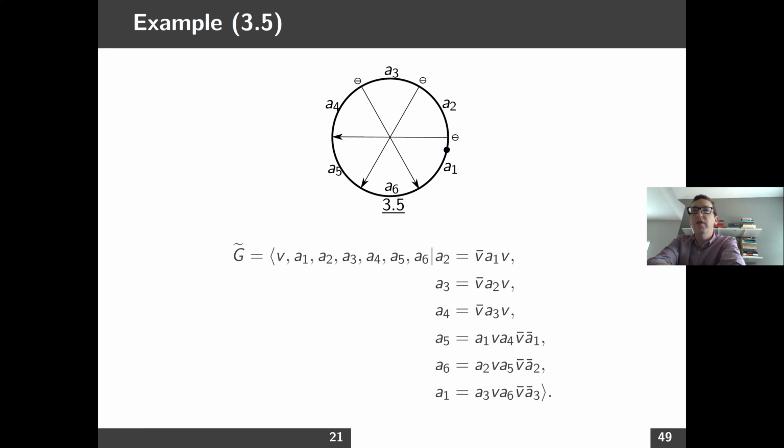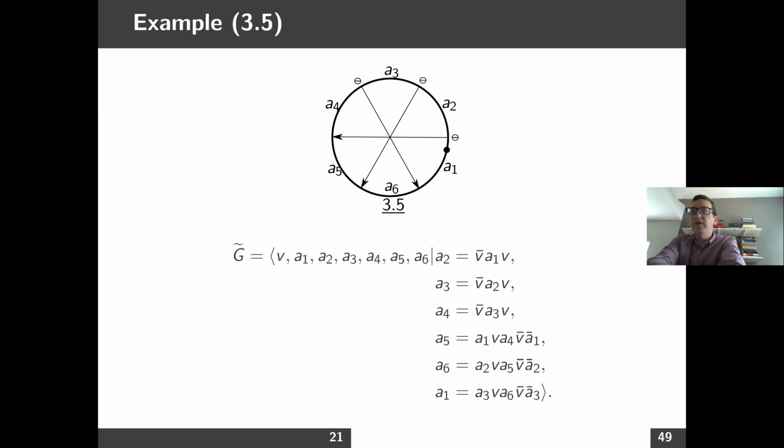So here is the Gauss diagram of 3.5 from Green's table. That little black dot there indicates the base point that's in Green's table. I've labeled the arcs of the Gauss diagram, and you can read off a presentation of the extended group sort of in the usual way.